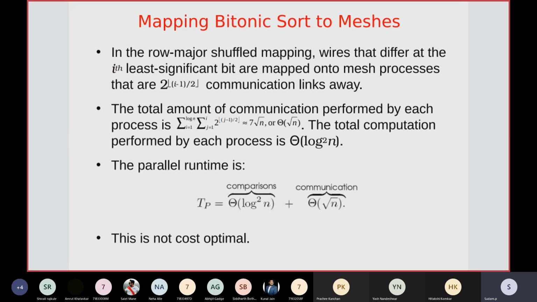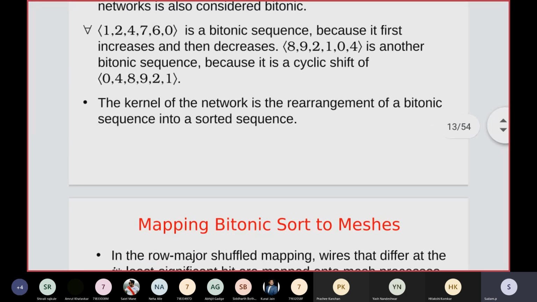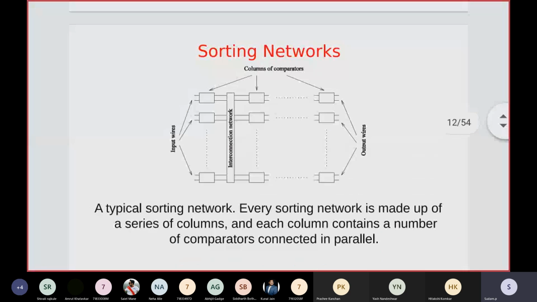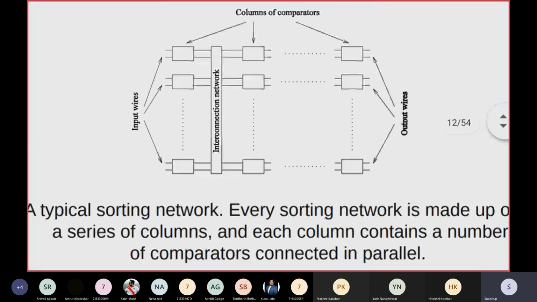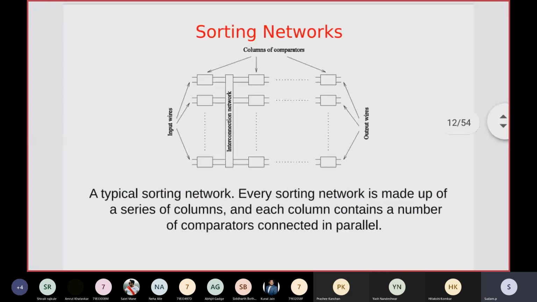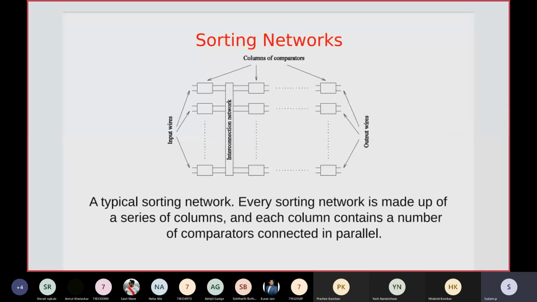Wires are nothing but the input wires and the output wires, which we have seen in the sorting networks. The input wires are x1 y1, x2 y2, x3 y3, up to xn yn, and they may also be represented as binary numbers, like 000, 001, likewise.